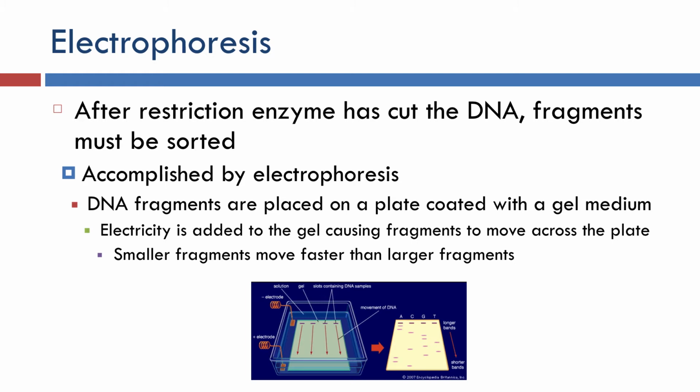DNA fragments are placed into a plate that's coated with a gel medium, typically agar. Then electricity is added to the gel, causing the fragments to move across the plate. Smaller fragments tend to move faster than the larger fragments. And so this separates those fragments according to their size.